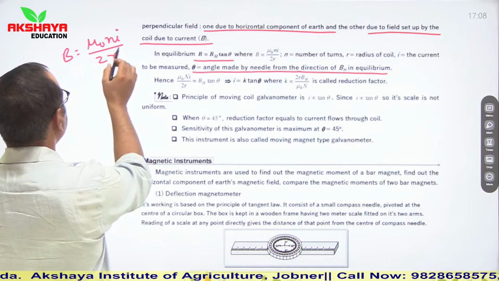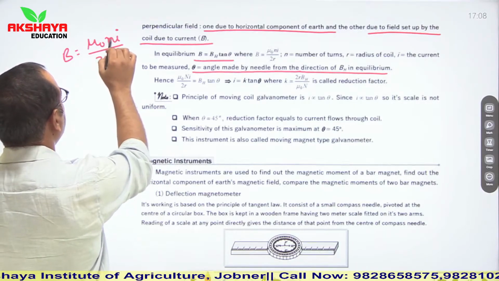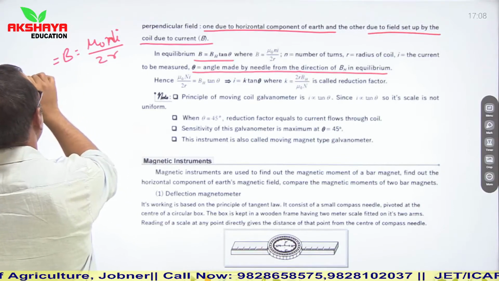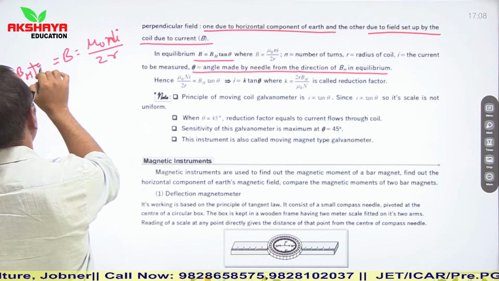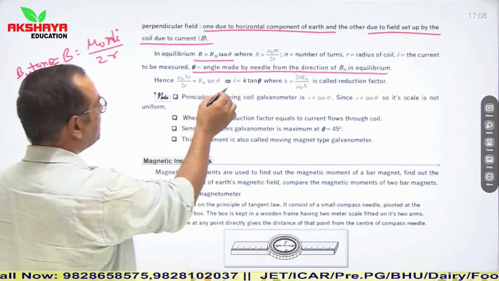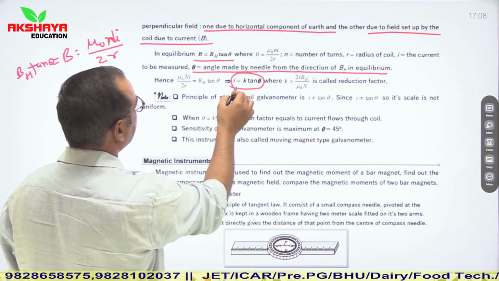So in equilibrium, mu naught Ni upon 2R is equal to BH tan theta. From here, I can be given as I is equal to K tan theta.